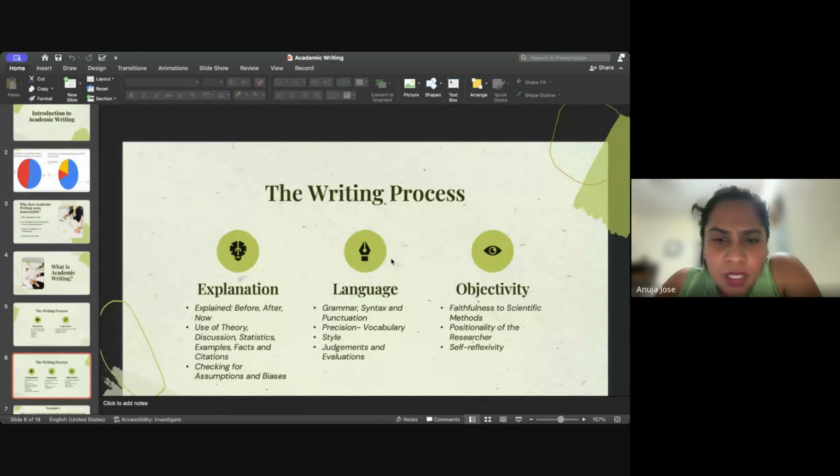The first thing that's common to any form of writing, not just academic writing, is that the language should be very clear, grammatically and syntactically correct. The next thing you need to keep in mind is precision. By precision, I'm hinting at vocabulary within the language section. By vocabulary, I mean every discipline will have technical terms that you want to discuss, right? That will be known to your discipline and people from your discipline.